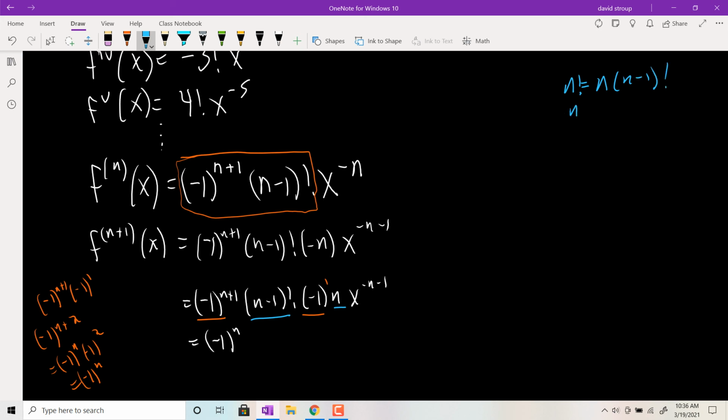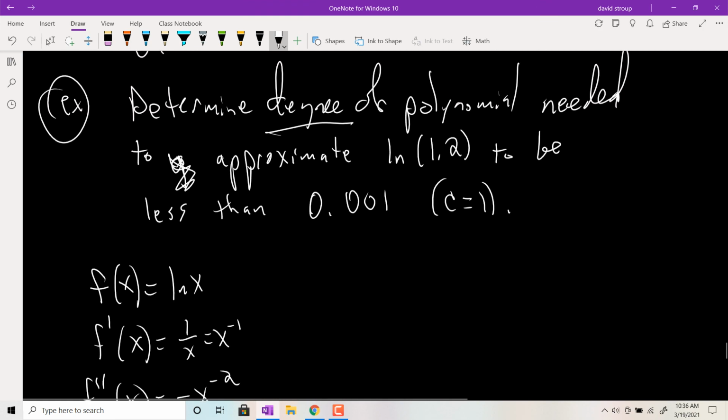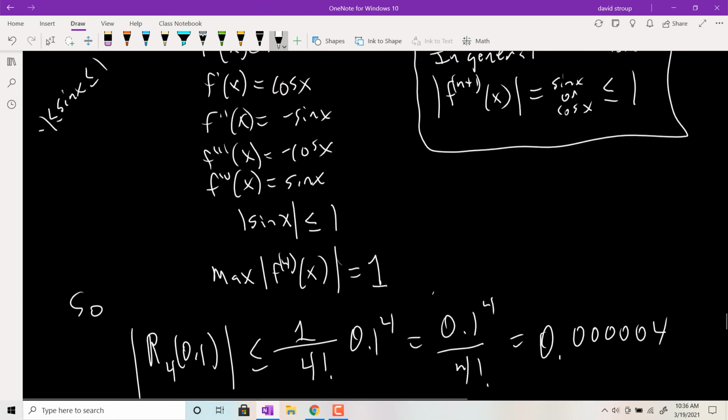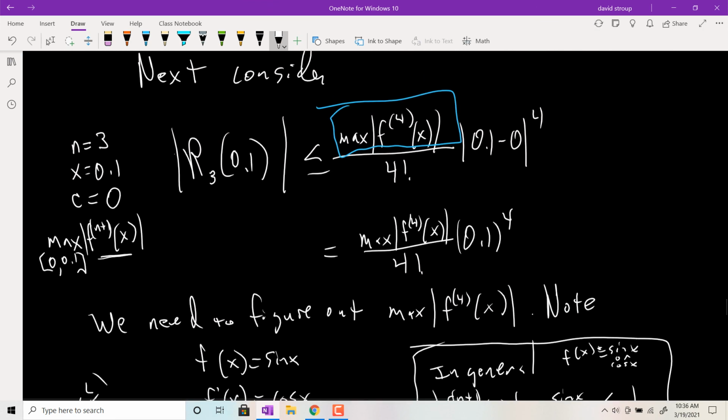So n times n minus 1 factorial must be equal to n factorial, just by the commutative law of multiplication. So we get n factorial times x to the negative n minus 1.